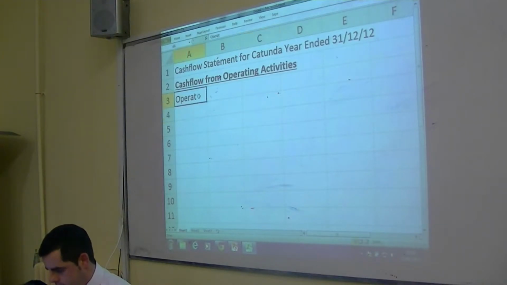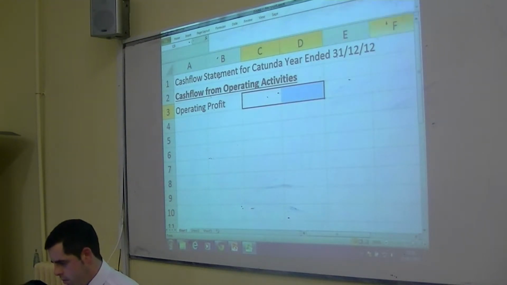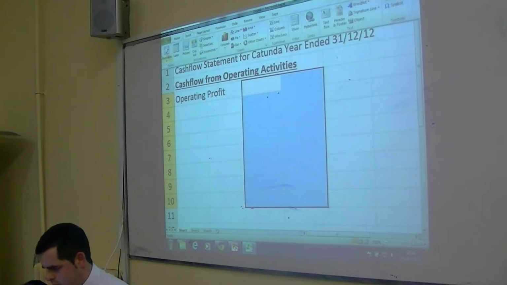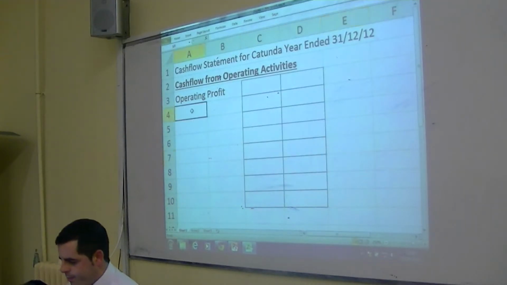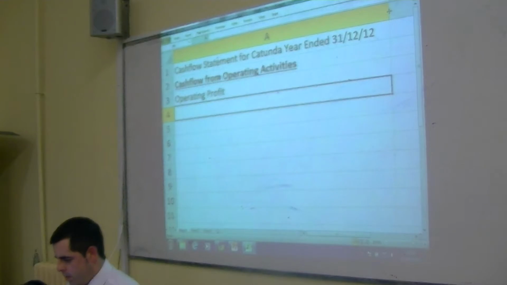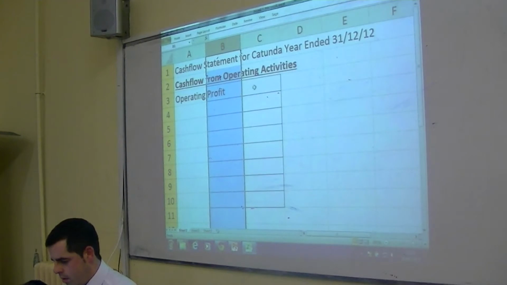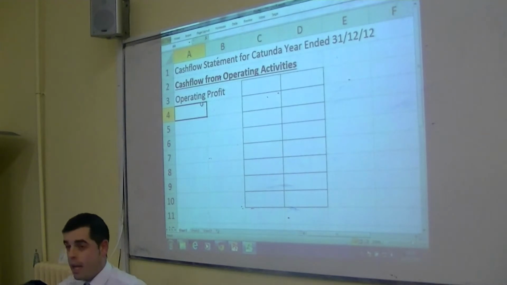So the first thing there is going to be your operating profit, and we have two columns in. The next thing is change in non-cash items.